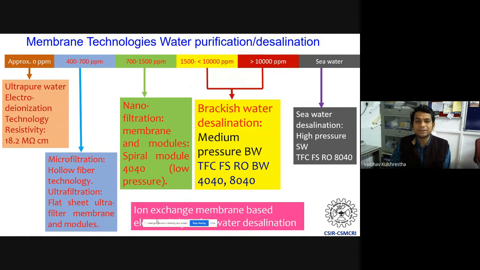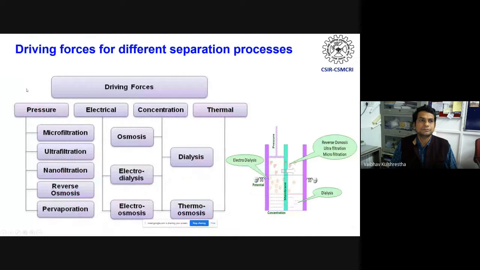Another type of membrane is the ion exchange membrane, which is also used for water desalination, purification, and some other applications. These ion exchange membranes are basically charged membranes or functionally charged membranes. These are the different driving forces for the different types of separation processes. For microfiltration, ultrafiltration, nanofiltration, reverse osmosis, and pervaporation, the driving force is pressure.